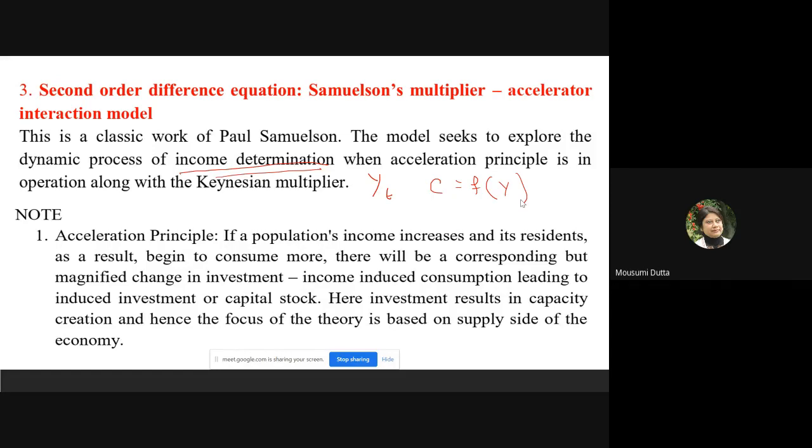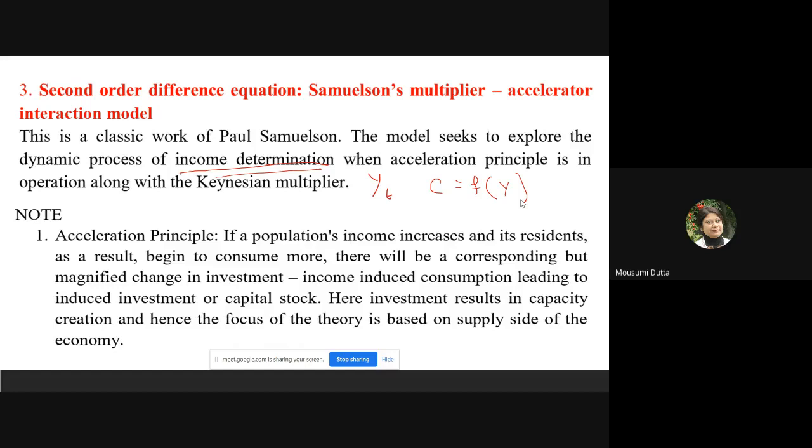So if a population's income increases, suppose somehow national income is increasing, production of an economy is increasing, and its residents as a result begin to consume more. Is it feasible that residents begin to consume more if income increases? Yes, ma'am. This is possible because consumption is a positive function of income.